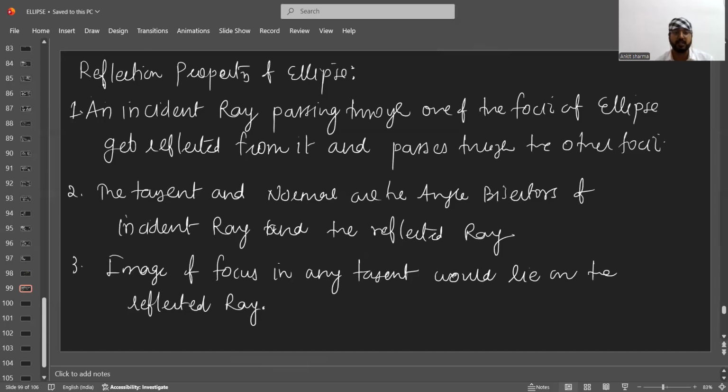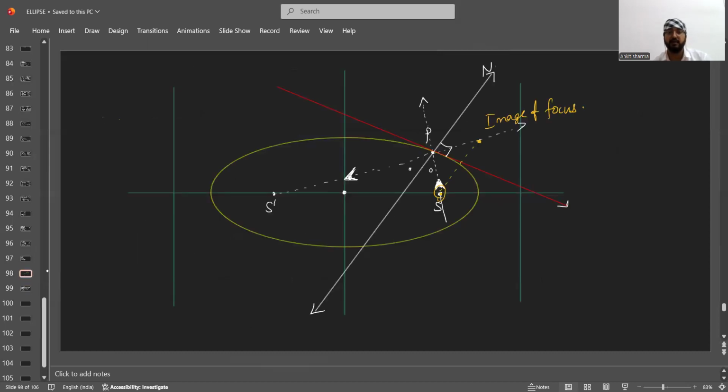So this is a bold statement to make here, and it needs an explanation. That means if I take the image of this focus in this tangent, it will lie on the reflected ray, which means I should join this point and connect it to this point P on the ellipse, and then this would get reflected here. So I know my image would lie on this reflected line. This is what I mean by this.